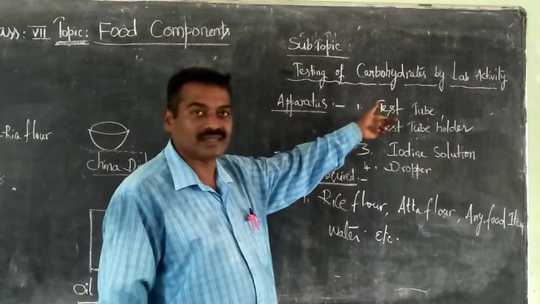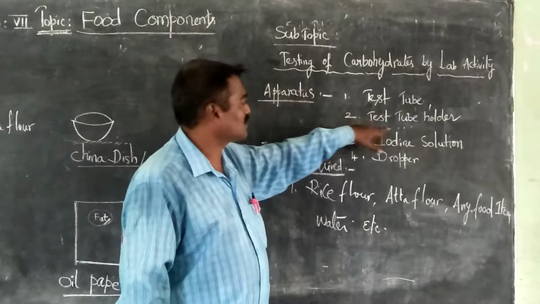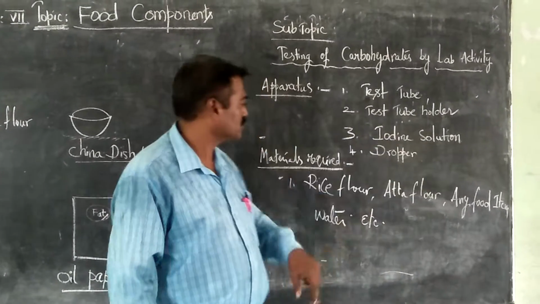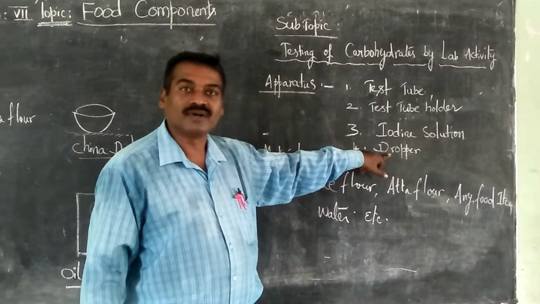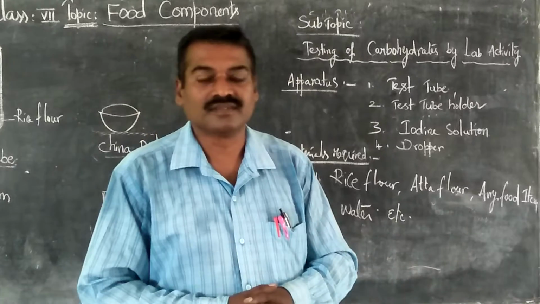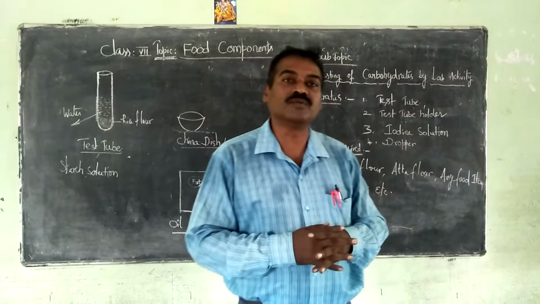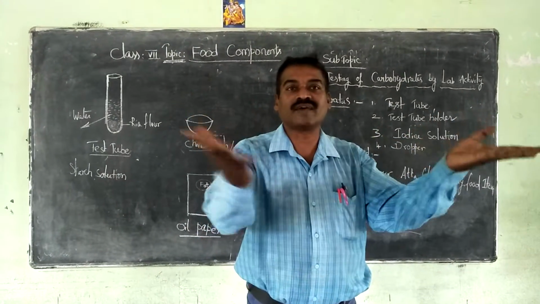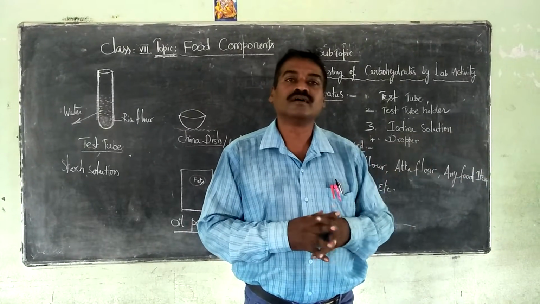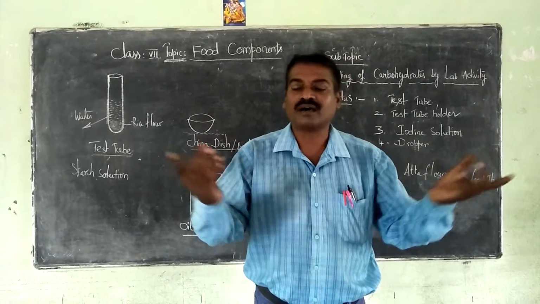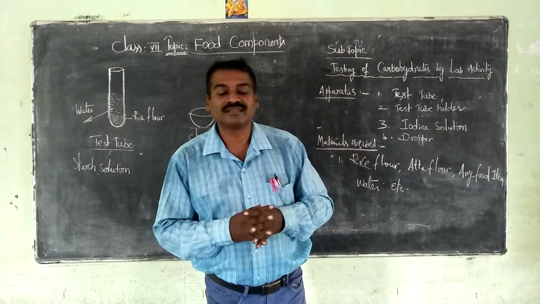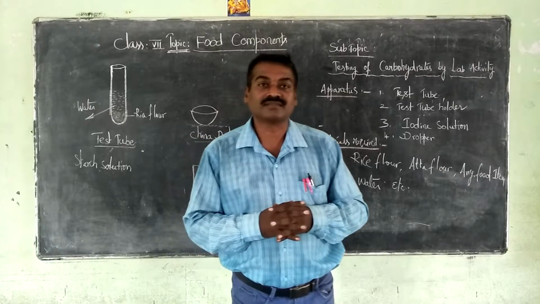We require a test tube holder to hold, iodine solution for testing, and a dropper for taking the solution. The materials required are optional, whichever are easily available in and around you, like your daily food preparation or any vegetable; we can easily test it.